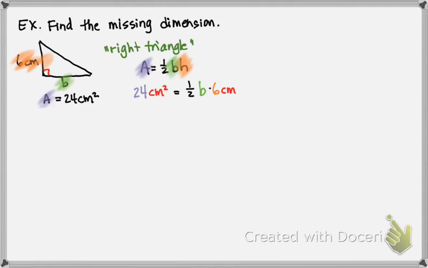On the right side, I notice that I can take 1/2 of 6 is 3. Now I'm going to use my symmetric property, and I'm going to put it at the end. So 3 times the base, and then we'll put centimeters at the end, equals. Now, you don't need to do the math with the labels. I'm just doing this for demonstration.